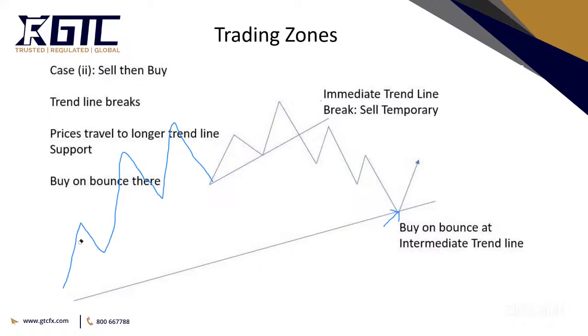Trend line breaks, we enter the sell zone, we also sell, but eventually on a bounce, if the market bounces, we got to buy here. And you will be seeing case 2 umpteen number of times. I repeat, sir, you will be seeing the second case umpteen number of times, and it is so wonderful to eyes.